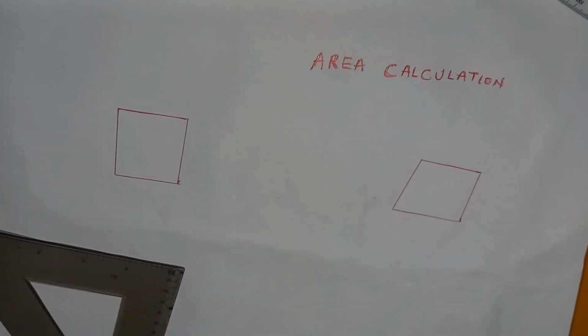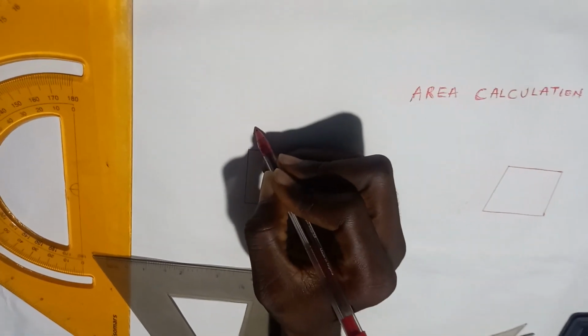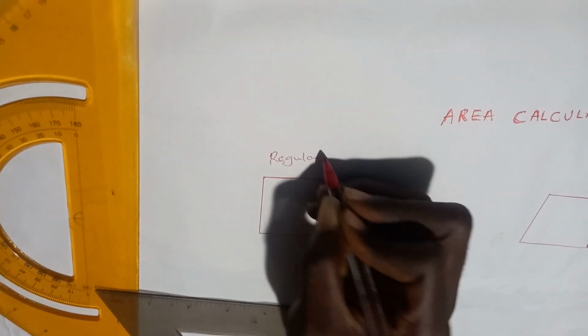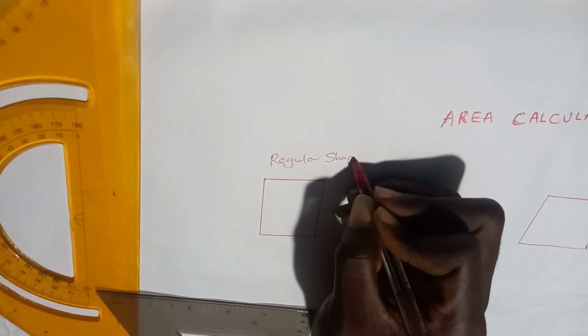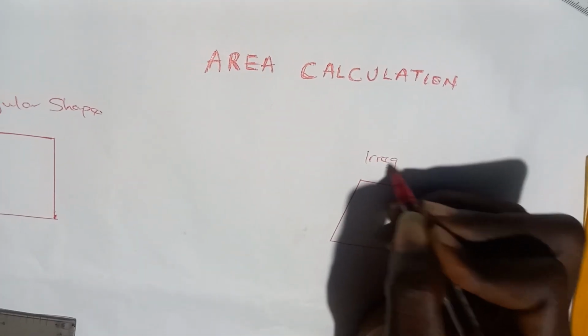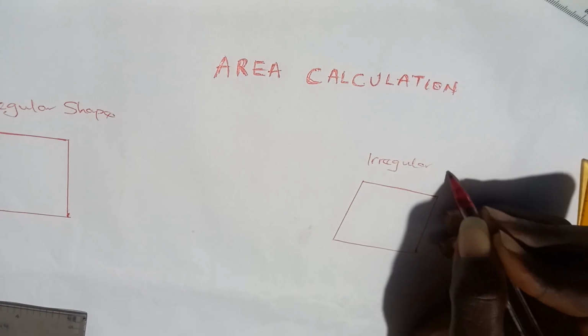Alright, I believe you can see this now. Don't mind my drawing, let me just call this regular shape, and this I'll call irregular shape.